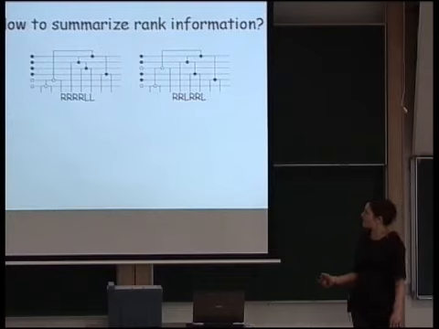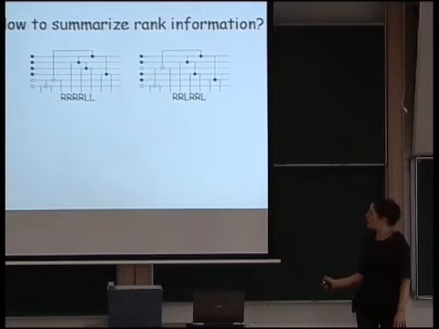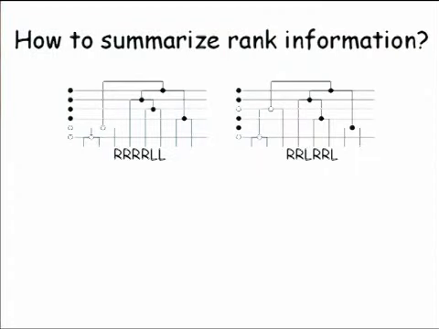Here's an example. There are two trees. Both have the same tree shape, but for the interior vertices in this left tree, we have the first 4 speciation events in the right clade being before the left clade, so we code it with RRRRLL.